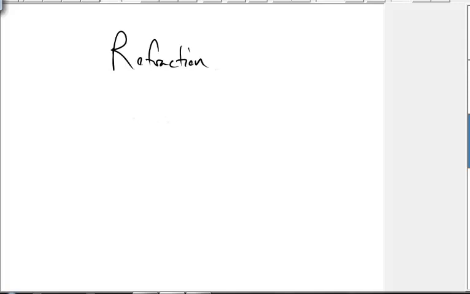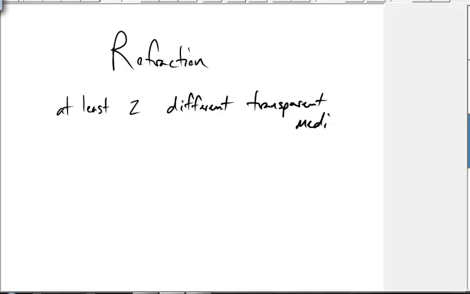First of all, we have to have at least two different transparent media, and medium meaning materials. Check. The speed of light, this is where things get weird, has to change.